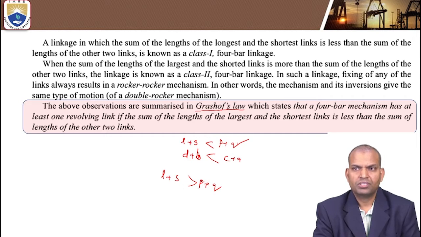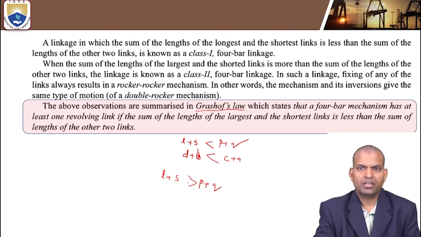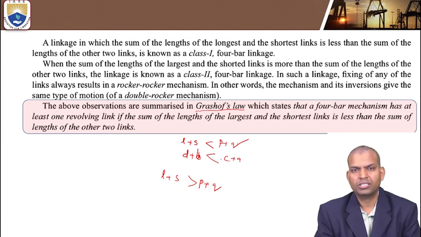In such a linkage, fixing any one of the links always results in a rocker mechanism. In other words, the mechanism and its inversions give the same type of motion, known as double rocker mechanism. This is Grashof's law: L plus S should be less than or equal to P plus Q. Then only it is known as a 4-bar chain, having certain motion. Having motion, then only it is called a mechanism.